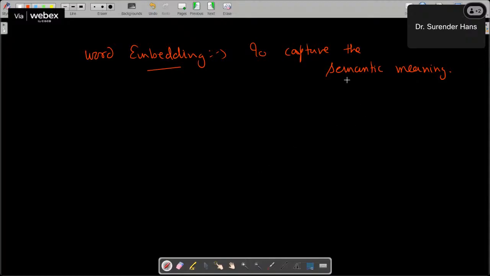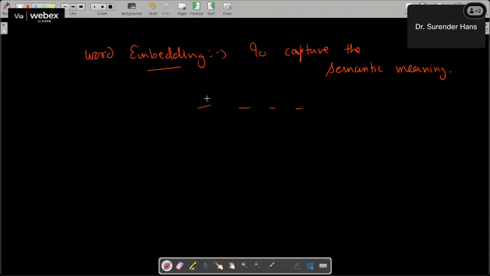Capturing the semantic meaning means that word embedding converts a word into a number in such a way that it reflects the meaning of the particular word and in what kind of context it is generally used.